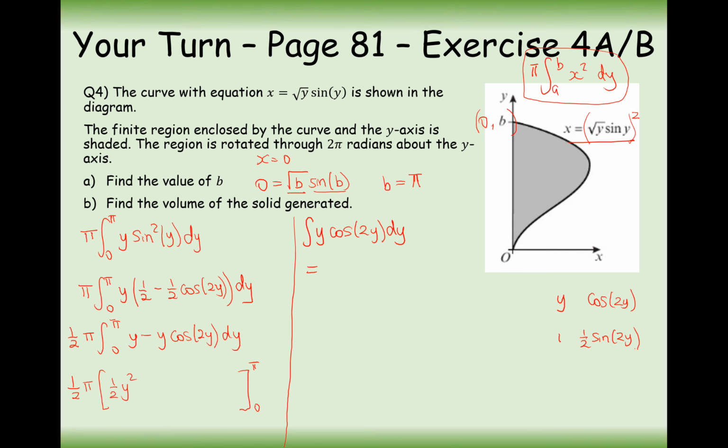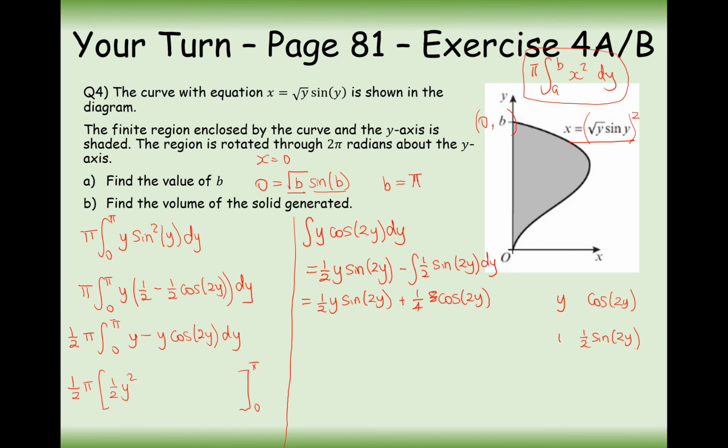You do u and v multiplied together, so it's going to be a half y sine 2y, and then minus the integral of these two multiplied together, that would just be a half sine 2y with respect to dy. That will equal half y sine 2y minus, the integral of sine is negative, so that would be plus a quarter cos 2y.